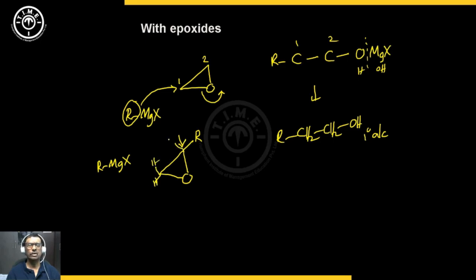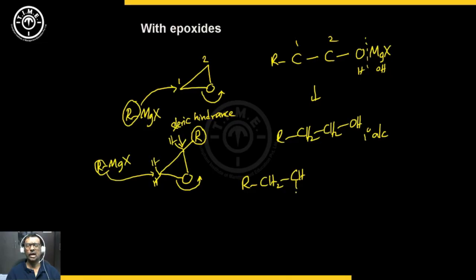There is hydrogen no doubt, but there is also an R. So it is sterically hindered. So steric hindrance is there on that carbon. So the R is going to attack this carbon and this O is going to go. So you have R, CH2, then CH with an R and then OH ultimately.